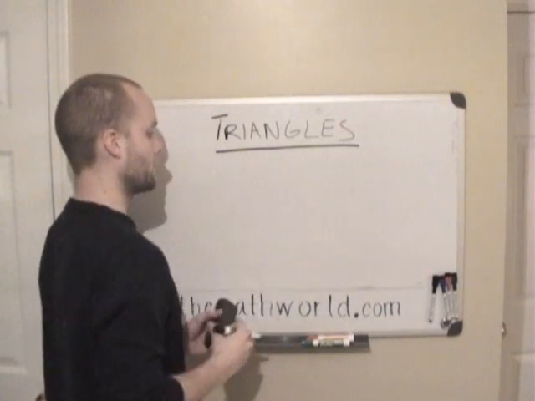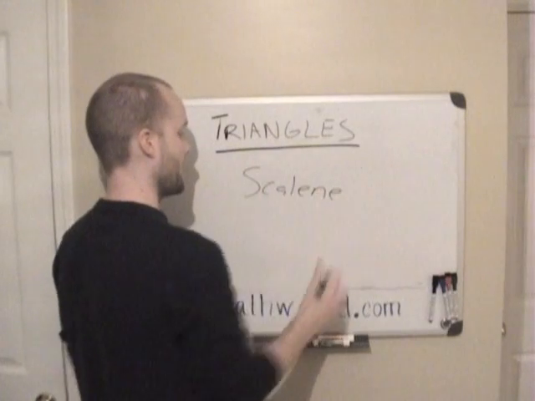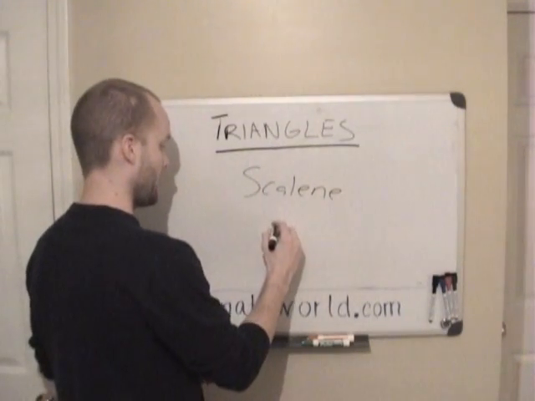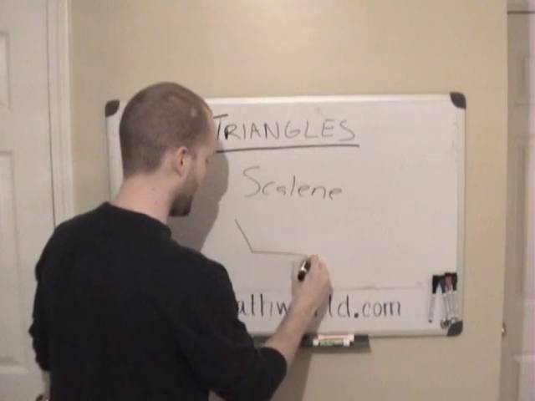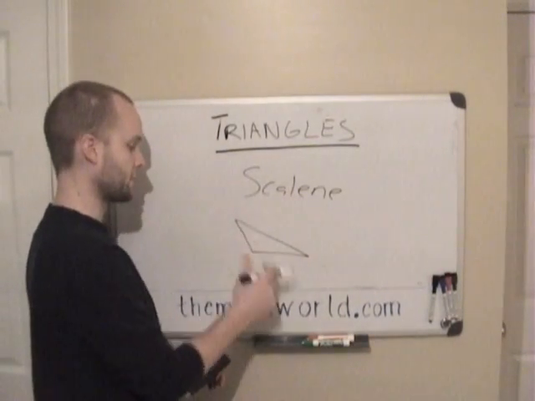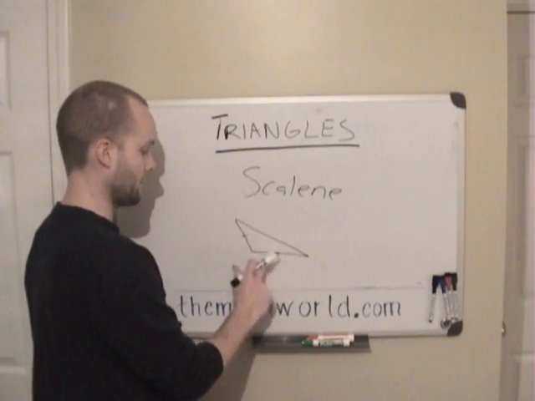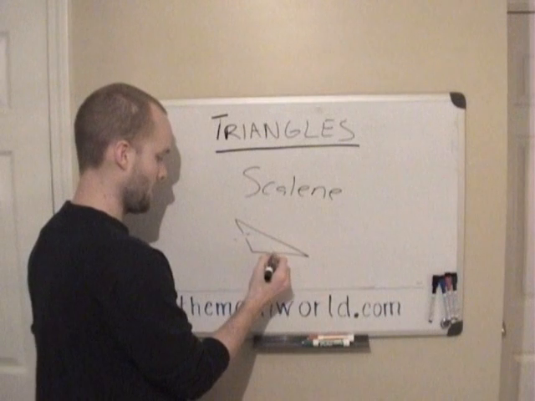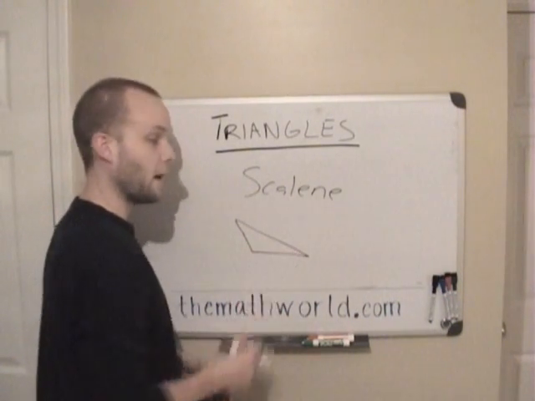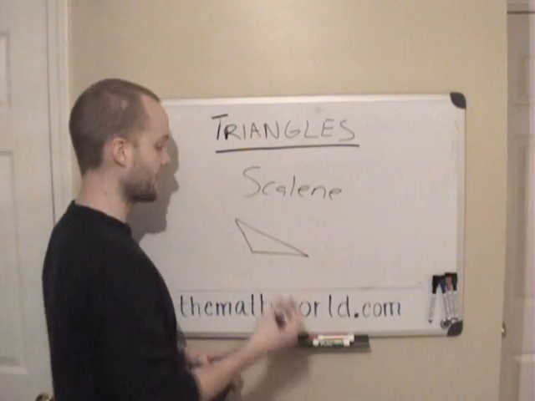And the last one we're going to look at is a scalene triangle. A scalene triangle is one where all the sides are different. So we'll just take a look at this triangle right here, and all the sides are different, so you won't see any of these lines saying that any of the sides are the same. So in this instance, to find one of the angles, we're going to have to be given 2 of the other angles.